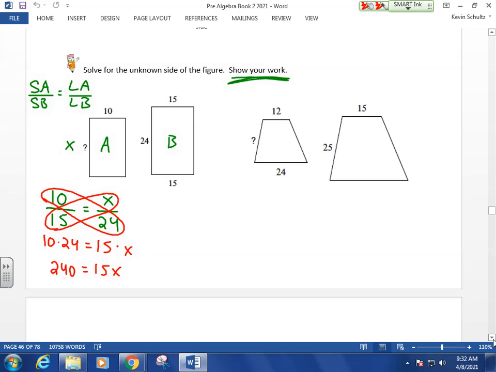Okay? How do we solve this for x now? Yep. Divide 240 by 15, and we get a value of 16. So our value for the long side of A, what we were trying to find here, is 16. Okay?